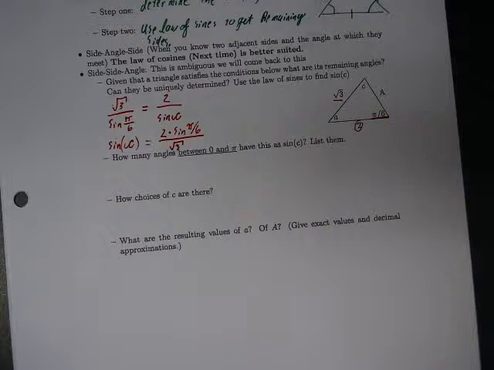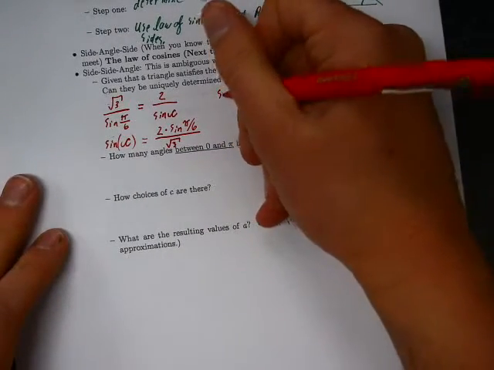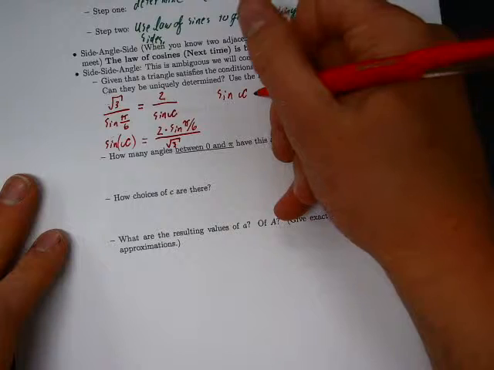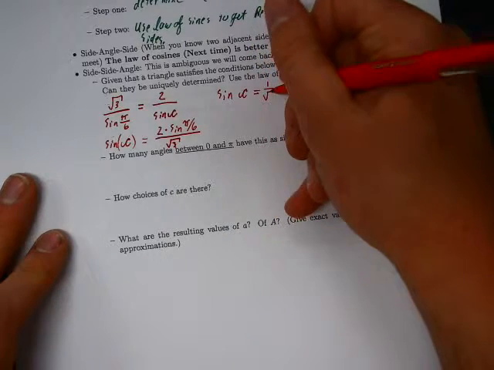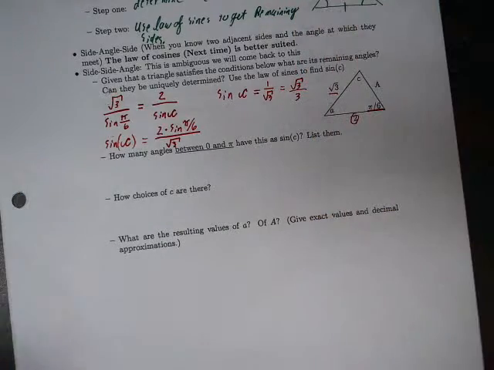What's the sine of pi over 6? It's a half, right? 2 times a half is 1. So I get the sine of this angle C is 1 over root 3, also known as root 3 over 3.